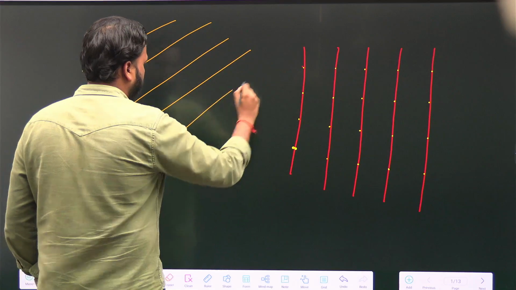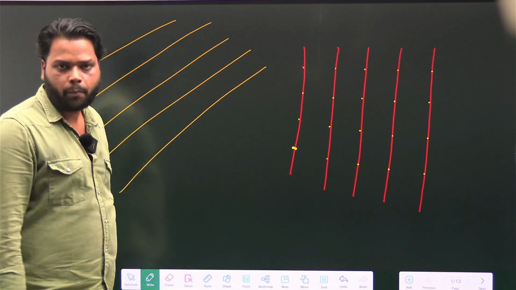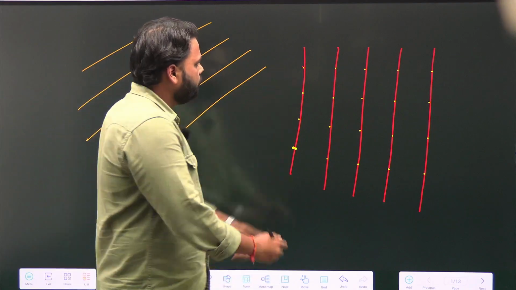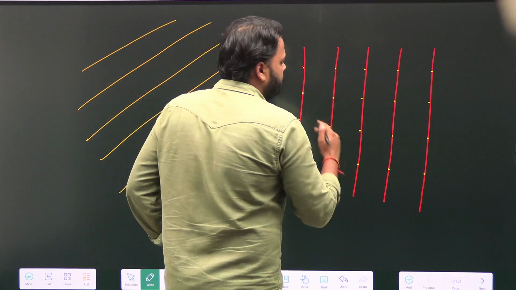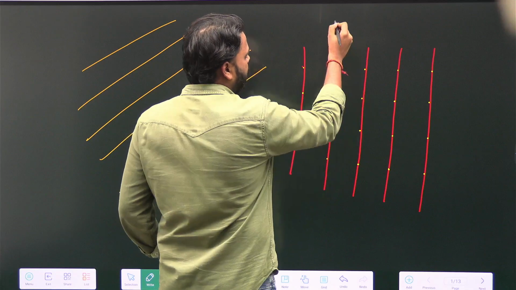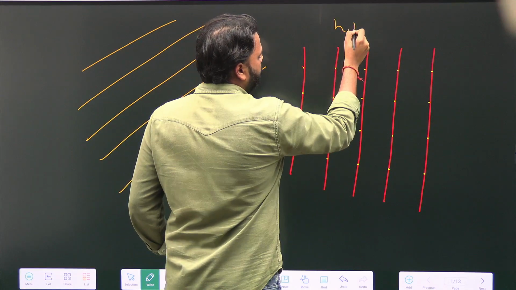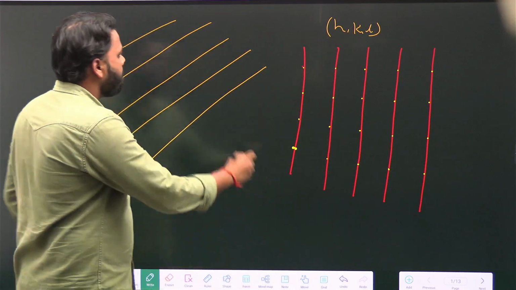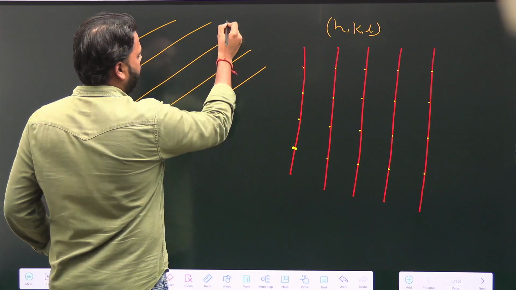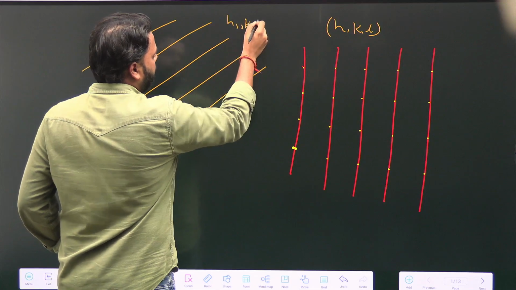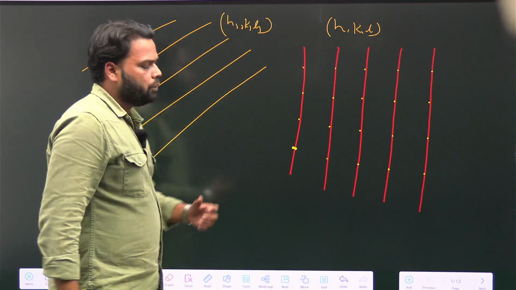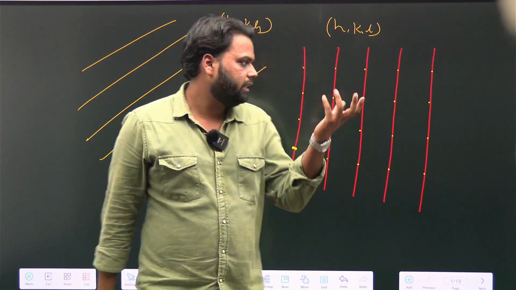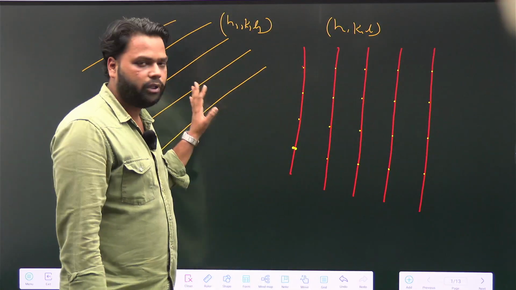This will also be a plane, so a set of planes can be formed like this too. Let's suppose we name this set of planes HKL. This is our Miller indices, and we name this set of planes H1, K1 and L1. There is one method to define this, that you can say this is set number 1, this is set number 2.